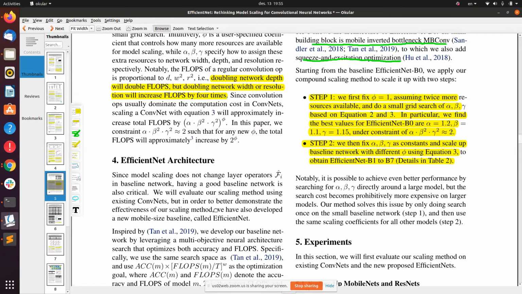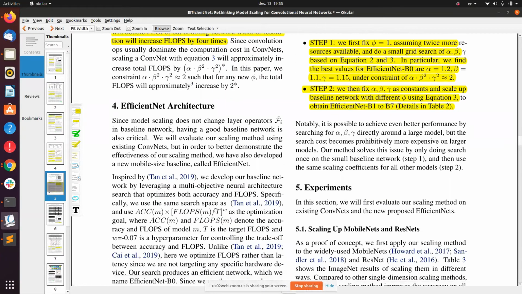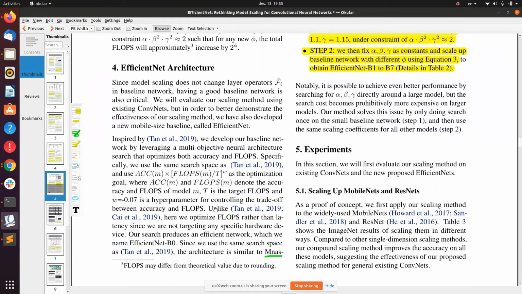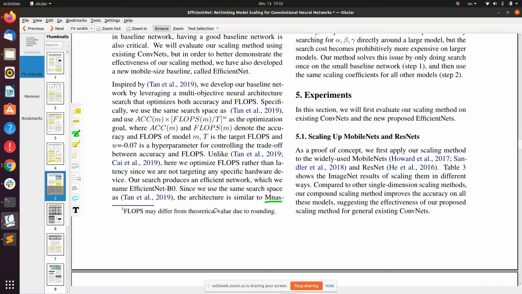So that is more or less about the whole paper. The next section is the experiments that they have done. Those also look promising to me.